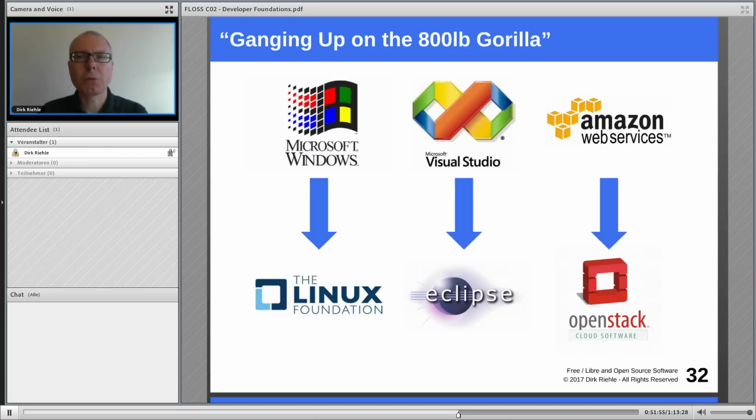I already pointed out how quite obviously, the Linux Foundation is a reaction to the growing dominance of Microsoft Windows. We've seen this a couple of times now, actually. Similarly, you can argue that the Eclipse Foundation was created to save the Java ecosystem, or to build out the Java ecosystem as an alternative to Microsoft's Visual Studio and C# programming language, because, as they say, developers rule the world, and if you've got the developers, then you win in terms of application development.